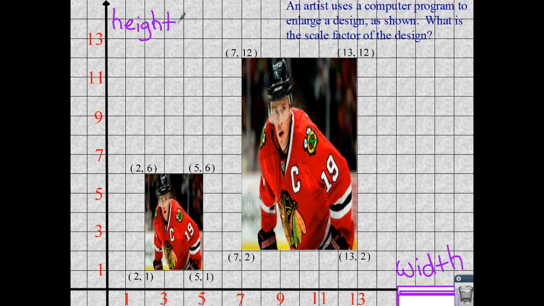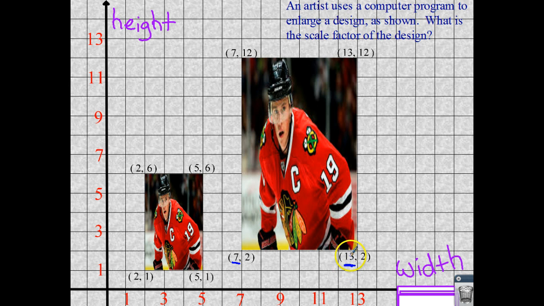So let's talk about the width first. The width says, what is the distance between 2 points on the picture? So if I take the large picture and I am on the x-axis, I'm going to look at the x coordinates and how large or how wide is that picture. Again, we're on the x-axis, so I'm going to look at the x coordinates.